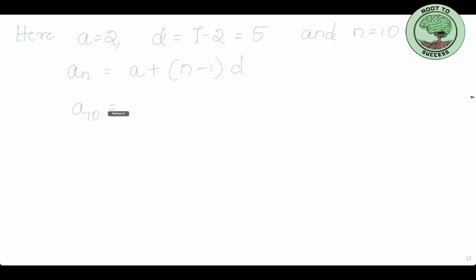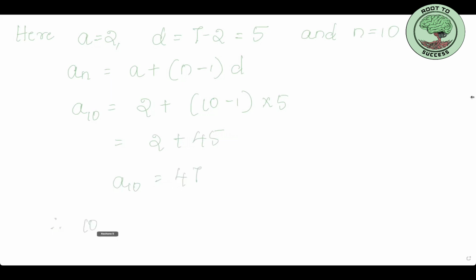So A10 will be 2 plus (10 minus 1) into 5, which is 2 plus 45, that is 47.